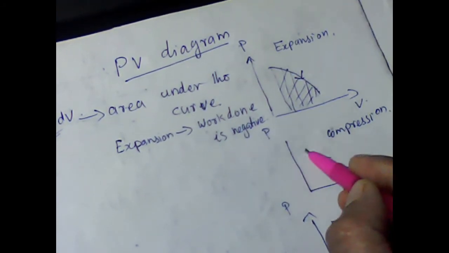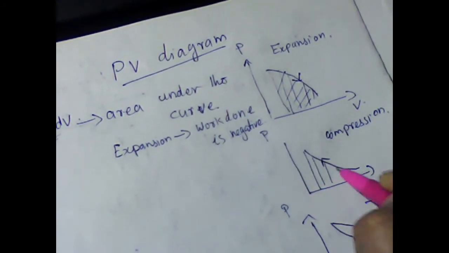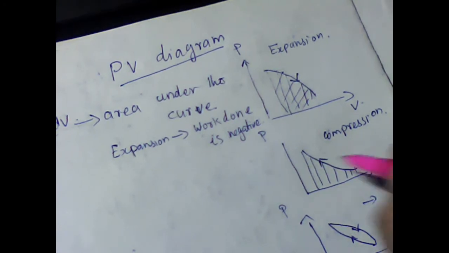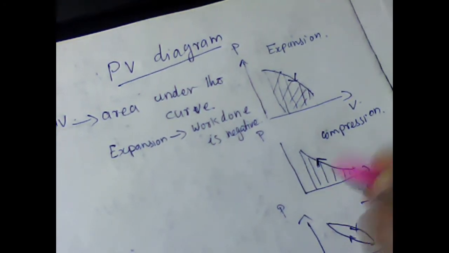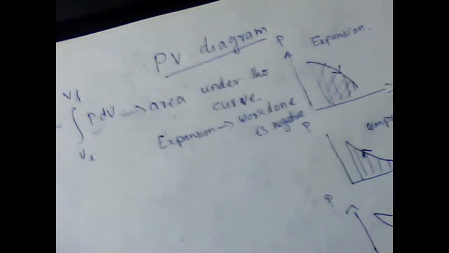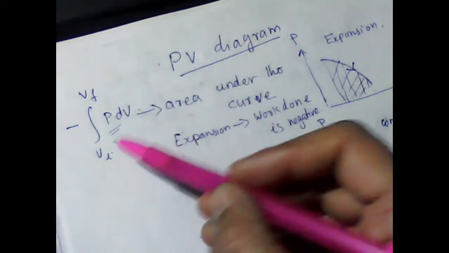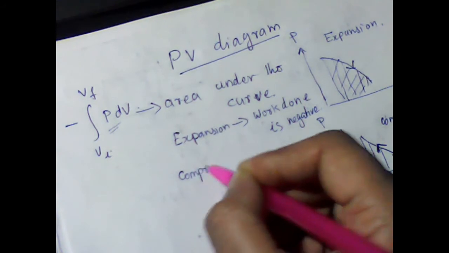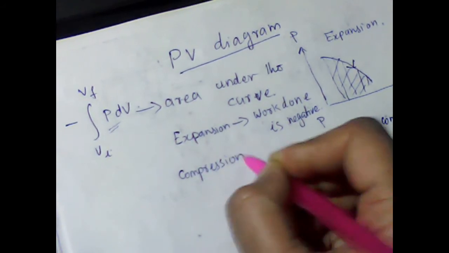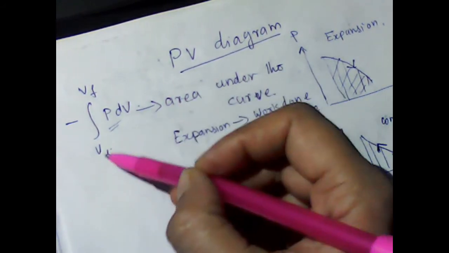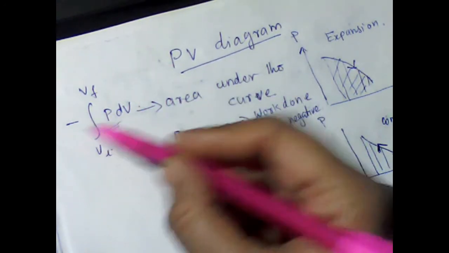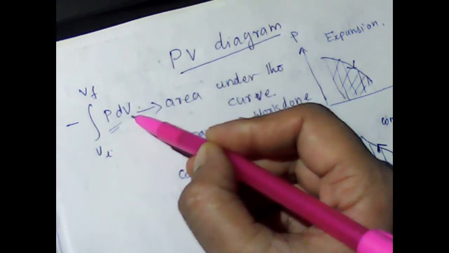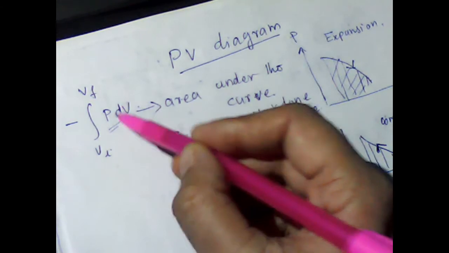So the work done will be obtained as the area under the curve. This process is the compression, that means the volume is decreasing. So what will be the work done for compression? Minus integral Vi to Vf PdV. So dV is negative, that means the volume is decreasing.